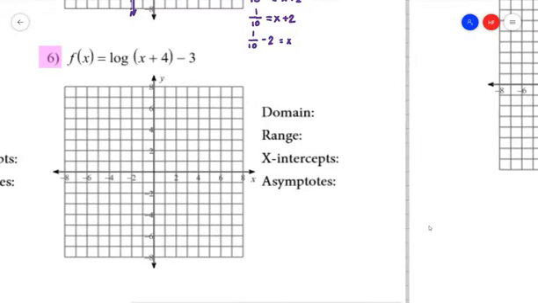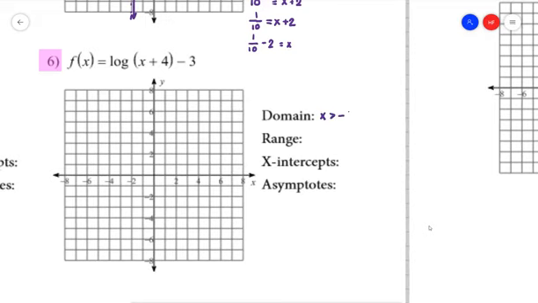Number 6, opposite of what's inside. Range is all real numbers. To find the x-intercept, we solve it equal to 0. Add 3.